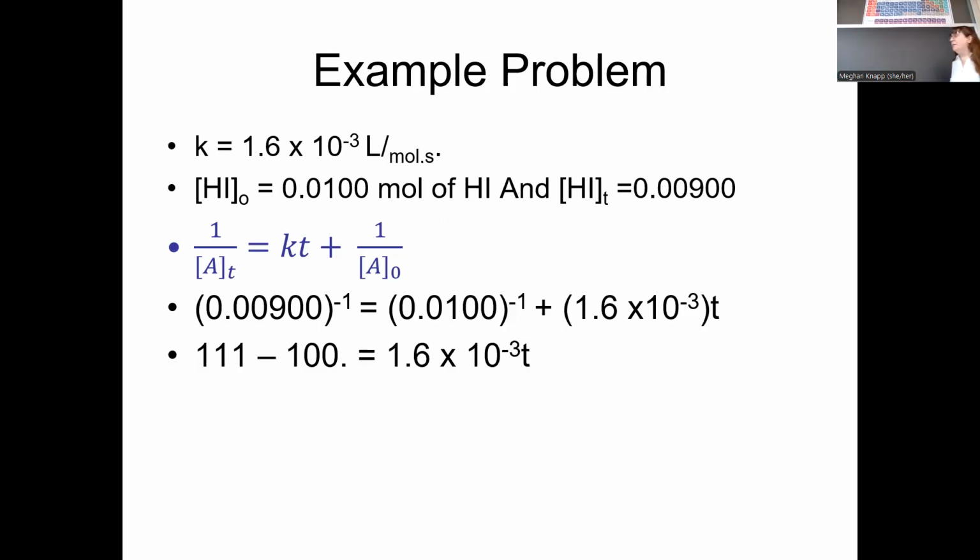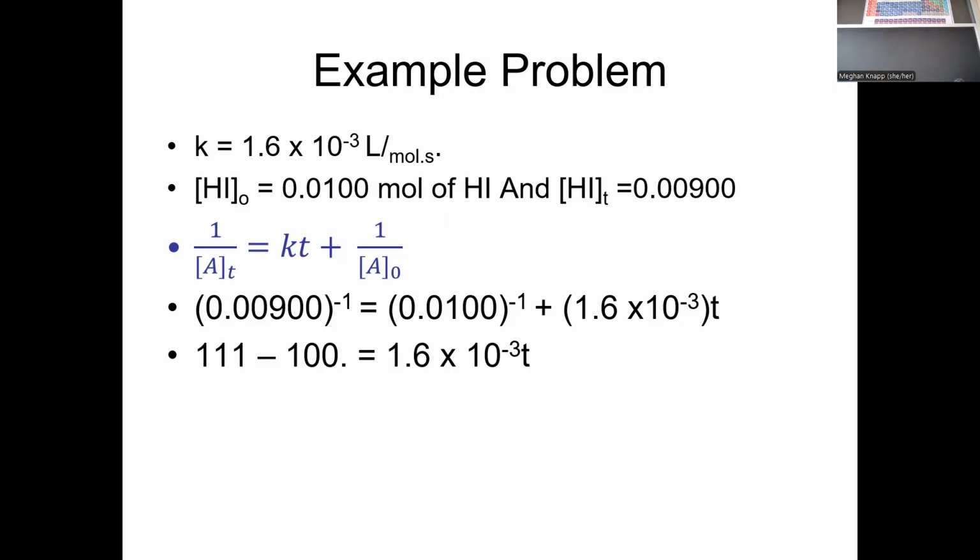So that essentially amounts to 111 minus 100 equal to this times t. And that 111 is what I would get if I put 0.009 to the negative 1 in my calculator. Or if I did 1 divided by 0.009, I would get 111. That's where that comes from.